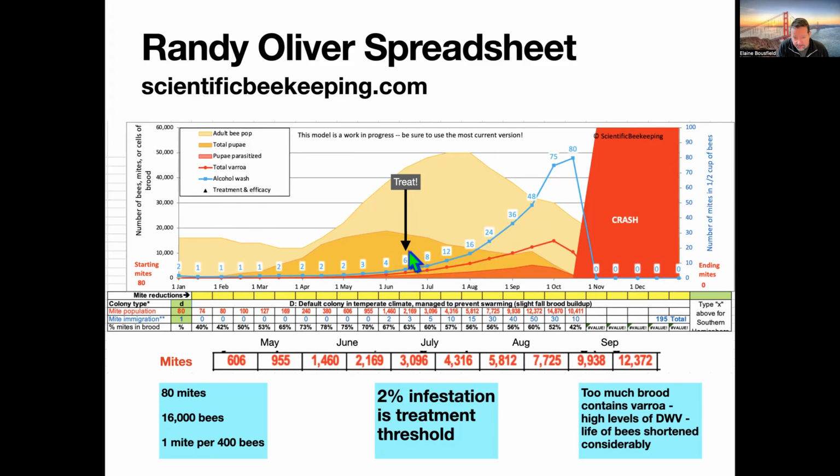And in this example, we've got 6 mites, and that's a 2% infestation, which is the generally accepted threshold when you should treat.